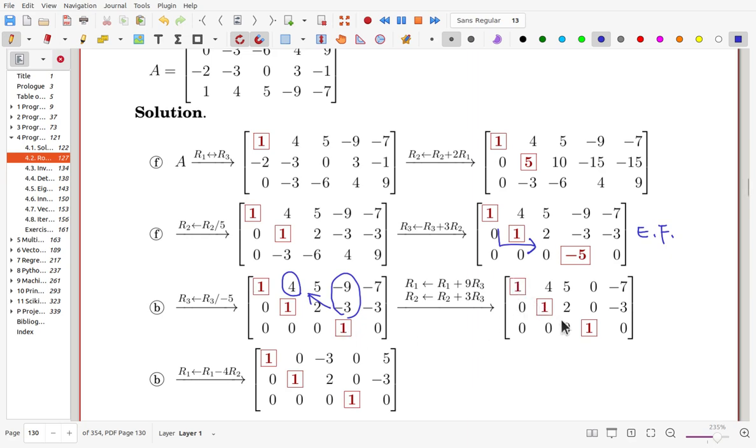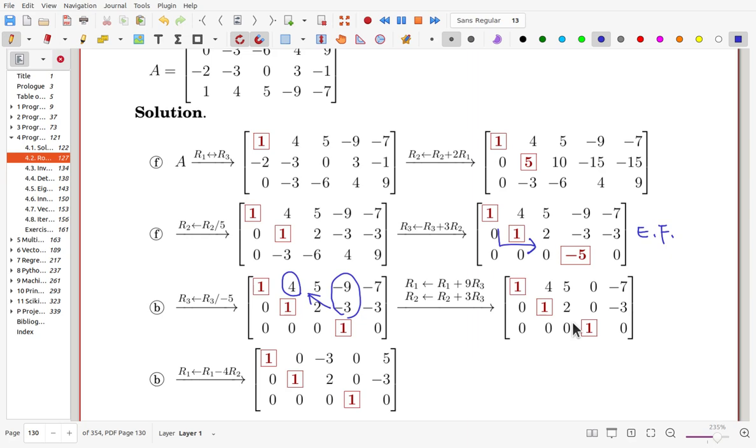Also, this one is an echelon form. They are not in reduced echelon form, however these are echelon forms. So echelon forms are not unique. You can have various echelon forms. If you want, you can get infinitely many echelon forms for a given matrix.